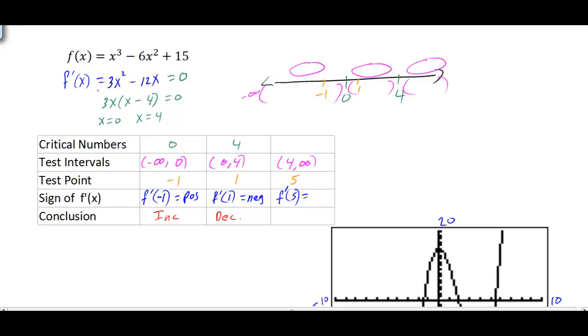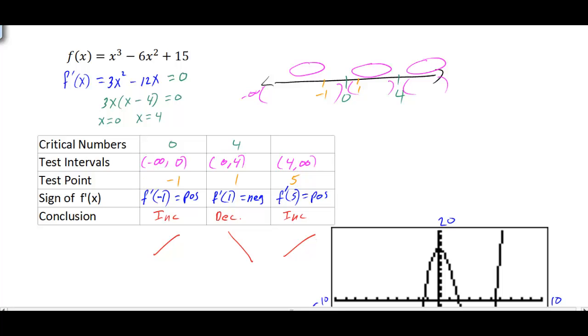Plug 5 into the derivative, 3 times 5 squared minus 12 times 5. We end up with a positive number. So that tells us we can conclude that our graph is increasing. So if you notice here, from negative infinity to 0, our graph is increasing. From 0 to 4, our graph is decreasing. And from 4 to infinity, our graph is once again increasing.